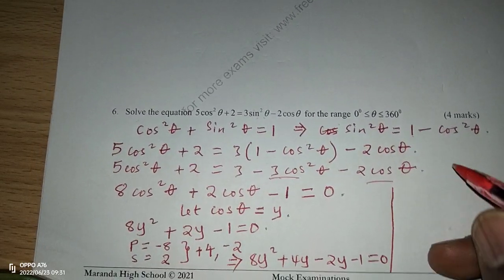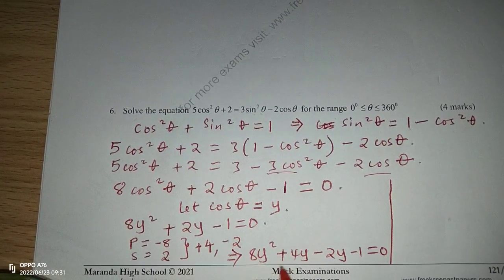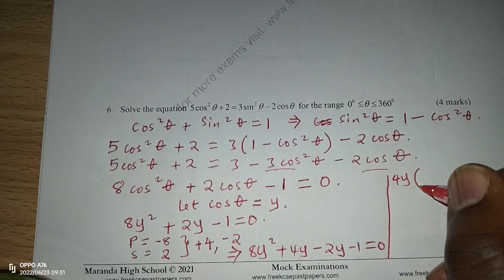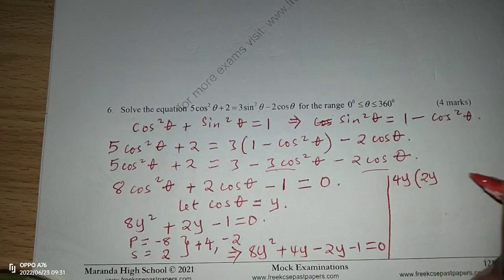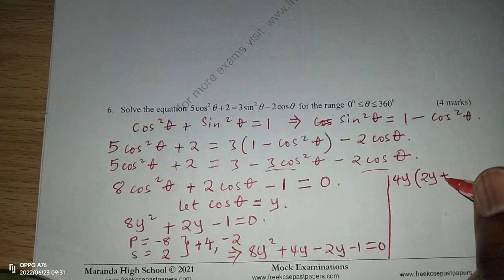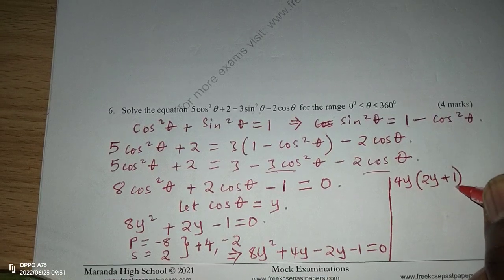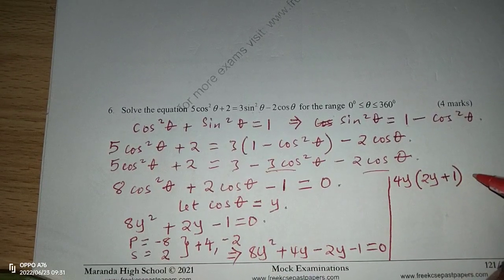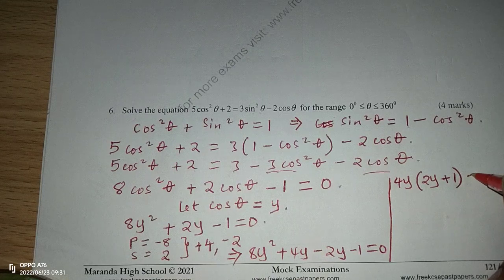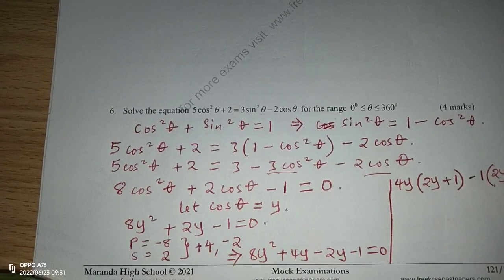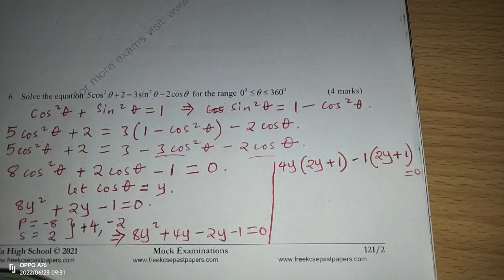Therefore, in the first two terms, we can factor out 4y to remain with 2y plus 1. Then we subtract 1 so that we remain with 2y plus 1 equals 0.